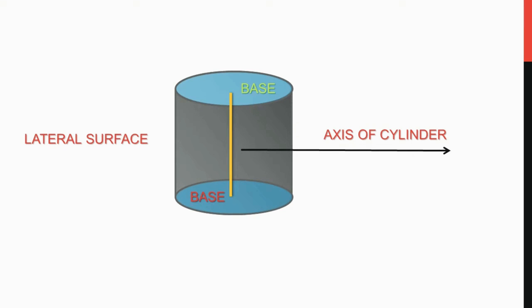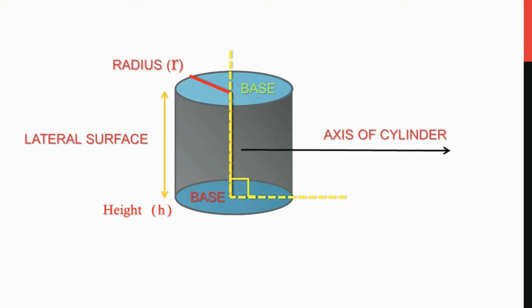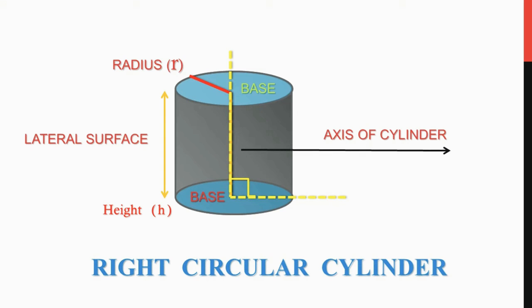The radius of the circular base is referred to as the radius of the cylinder. The length of the axis of the cylinder, or the perpendicular distance between the two circular bases, is referred to as the height of the cylinder. Since the axis of the cylinder is perpendicular to its base, it is called a right circular cylinder.